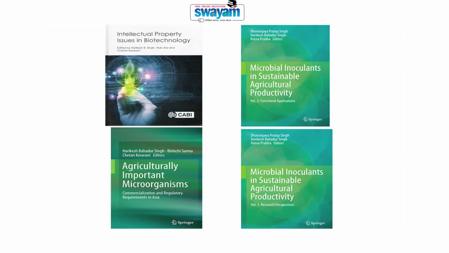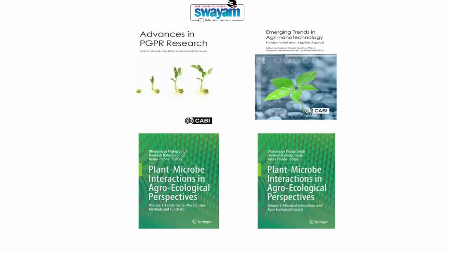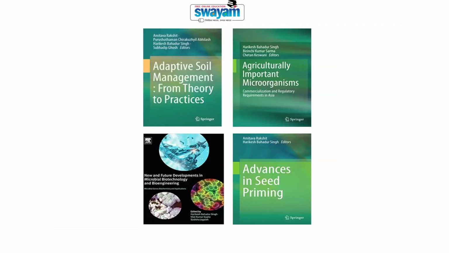Recently we published a book on advances in PGPR, plant growth promoters, again from KV, then nanotechnology and biopesticide, again from KV. These are our new publications from international publishers dealing with different kinds of biofertilizer, biopesticide, intellectual property right, processes, products, patents, and then finally the technology is available.